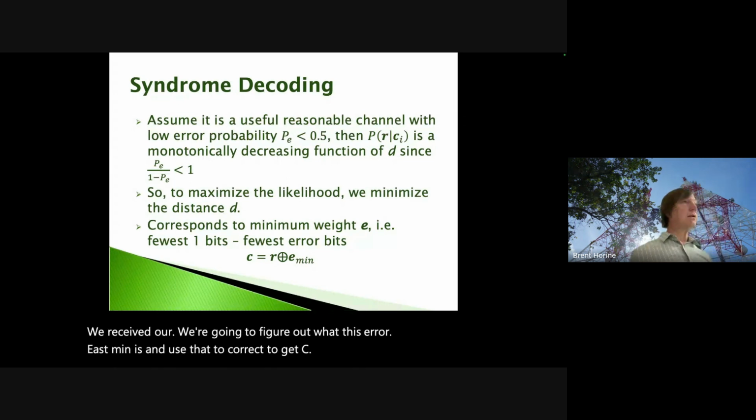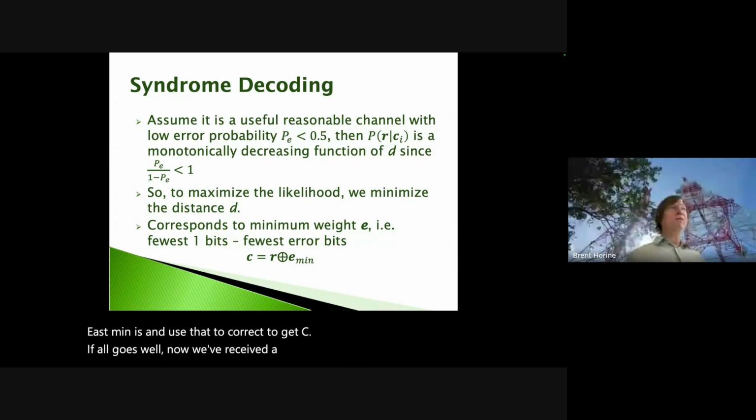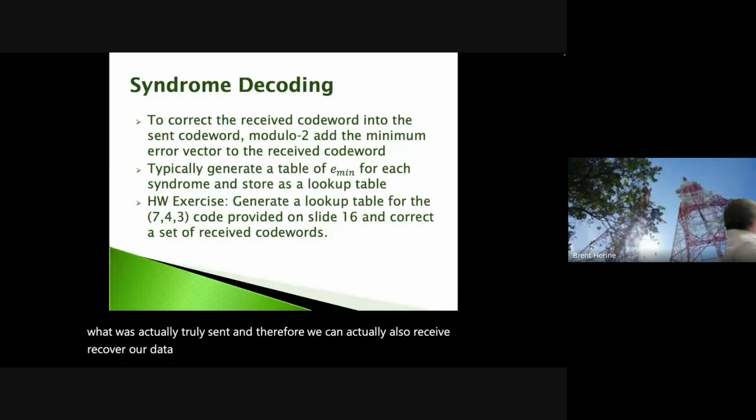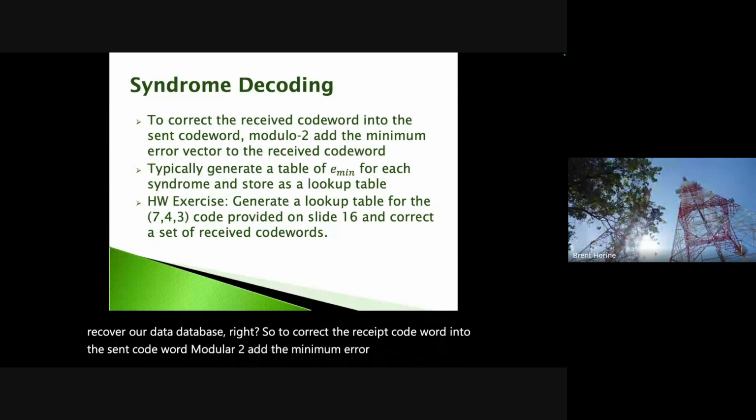And if all goes well, we've received a word in error, but we've recovered what was actually truly sent, and therefore we can also recover our data bits. So to correct the received code word into the sent code word, modulo 2 add the minimum error vector to the received code word.